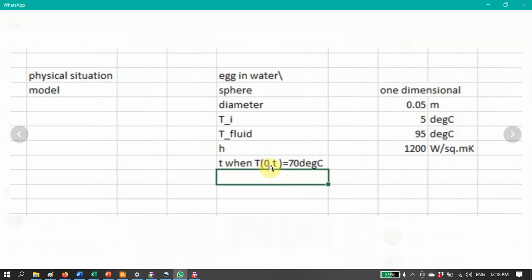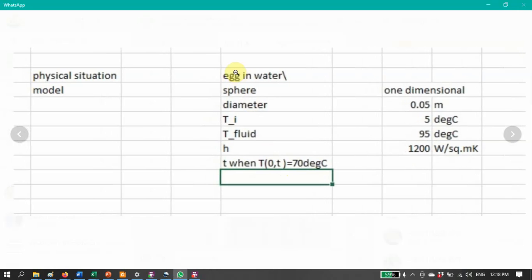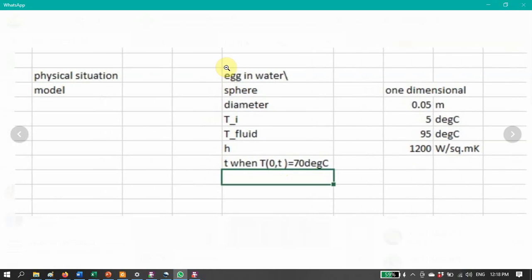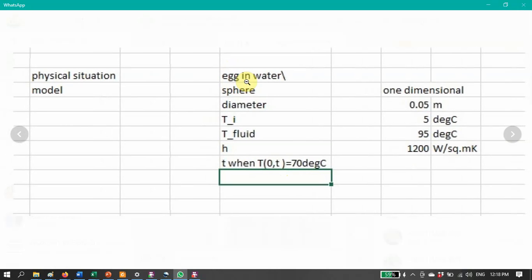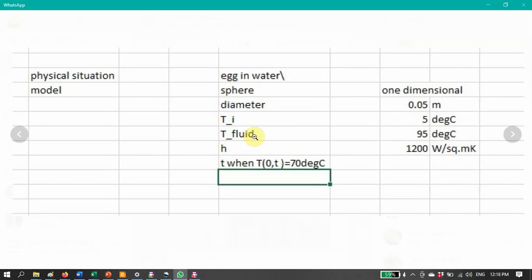And because the egg is a solid, even though we know that inside the egg it is in liquid form, we still can consider it as a solid because there is no motion inside the egg, right? So air also can be considered as a solid from the perspective of heat transfer when there is no motion, right? So we model the egg as a solid.